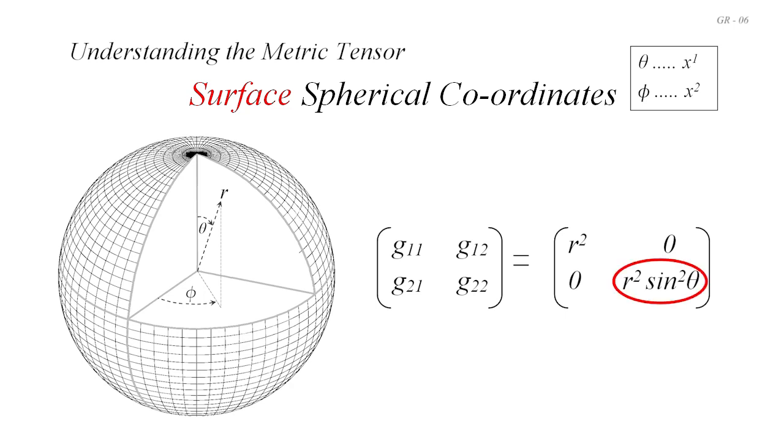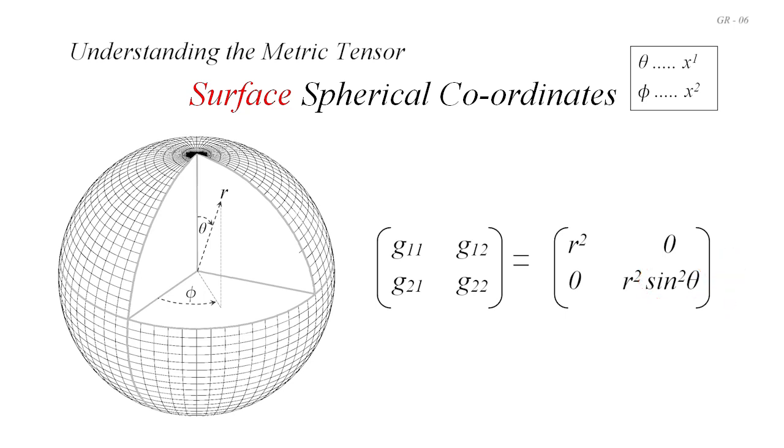But what about this one, g22, r squared sine squared theta? What's that all about? Well, forgetting about the r squared, because for a given sphere that would be constant, we should focus our thinking on the sine squared theta part of it. What is that signifying, and how does it fit into this way of thinking about the metric tensor entries?